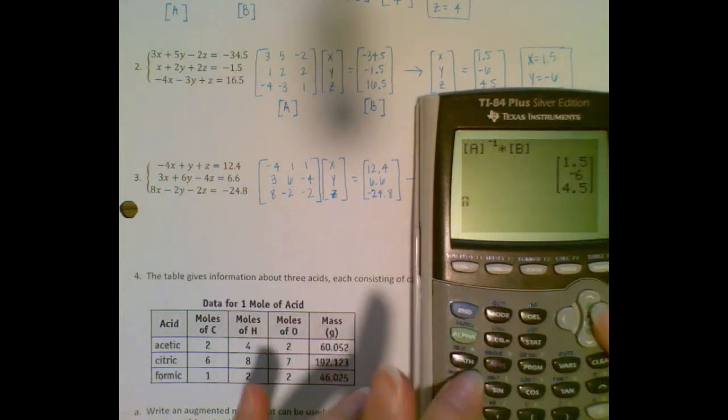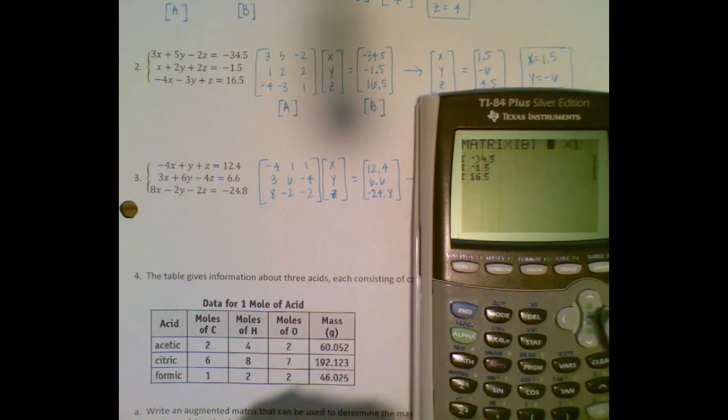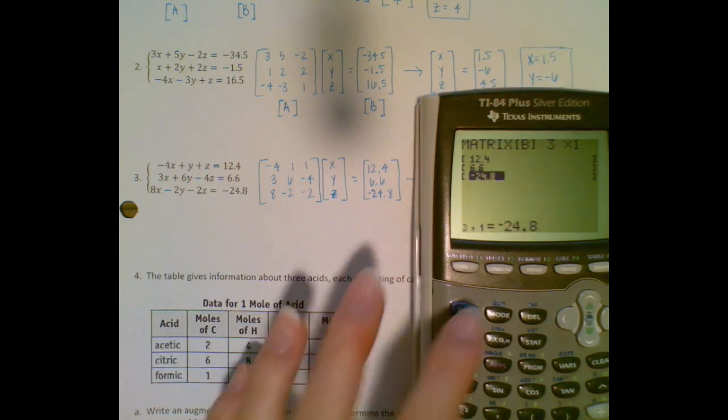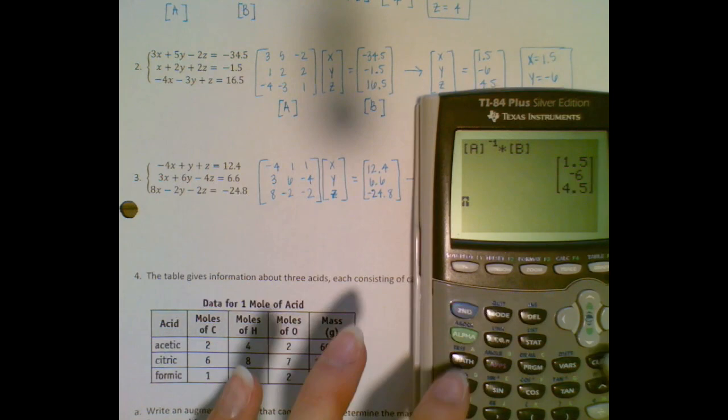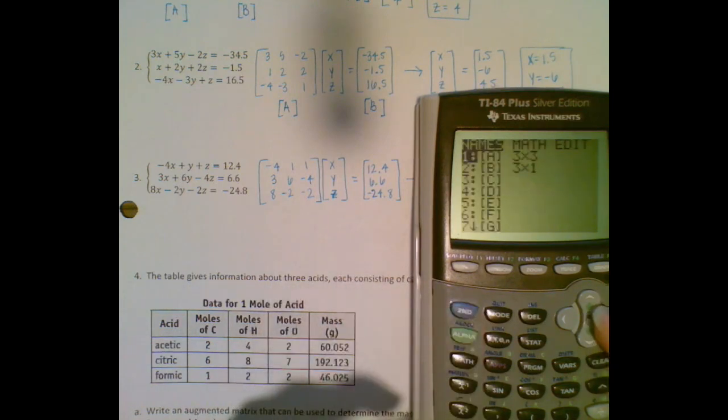Okay, second matrix, B. We've got 12.4, 6.6, -24.8. Alrighty. So second matrix, A times second matrix, B.